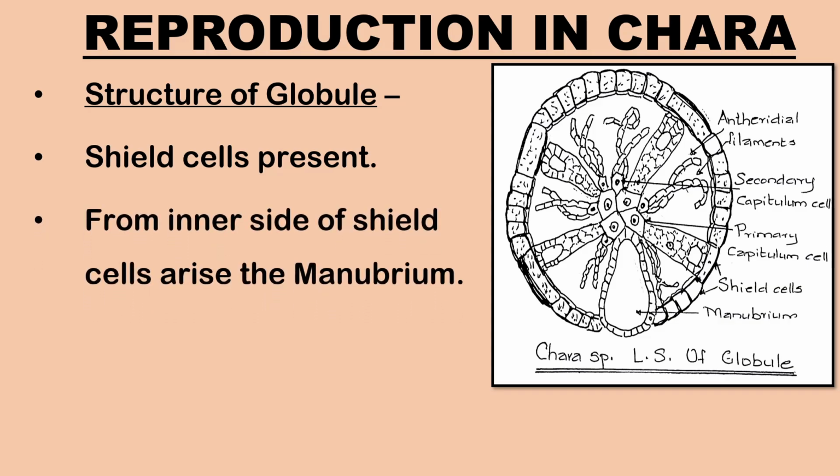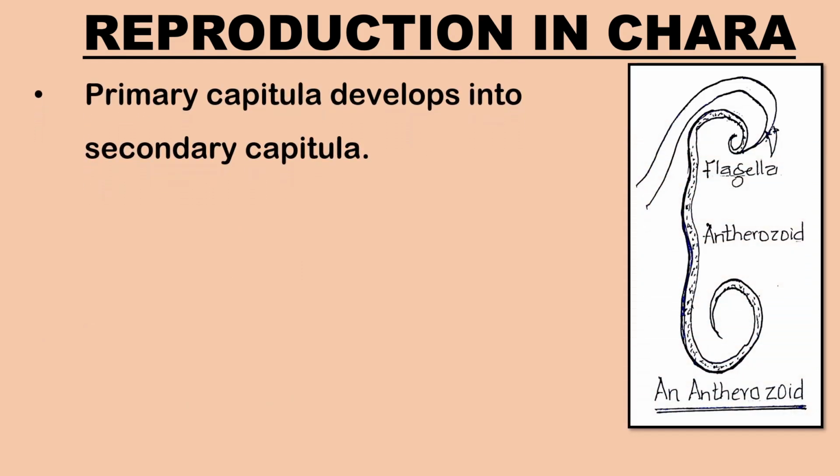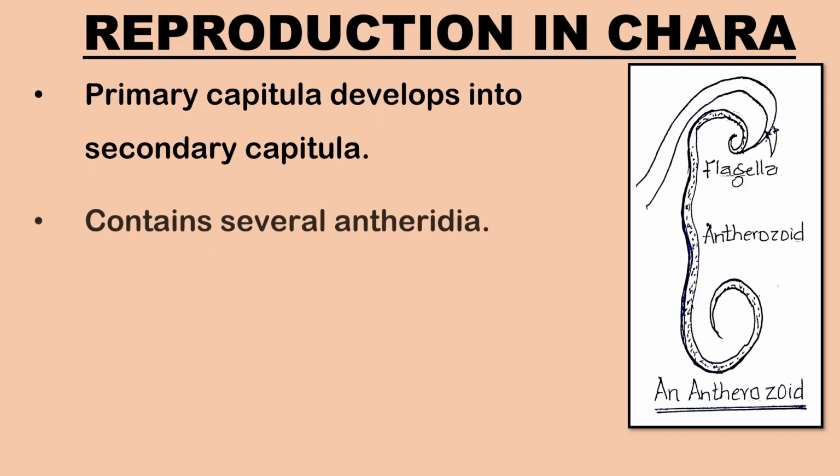From the inner side of the shield cells arises a central rod-shaped structure known as the manubrium. The distal end of manubrium forms a globule-shaped structure called the primary capitula. The primary capitula develops into the secondary capitula.